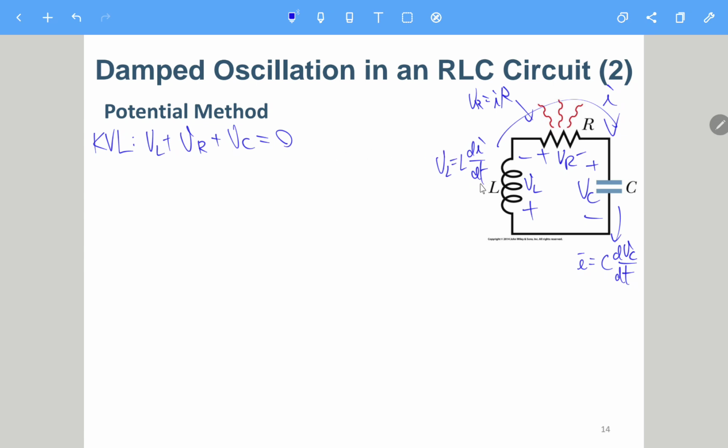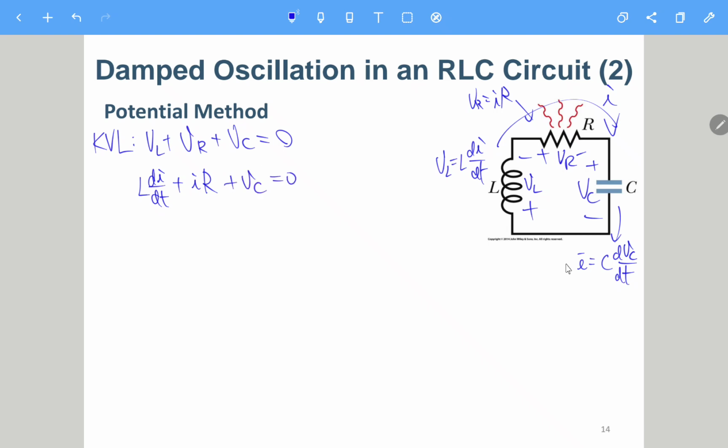Okay, so first of all, VL is this one, so why not plug it there? So L di dt, and then plus VR, which is IR, so we just put it there. And then VC is this side, we cannot change, so we just keep this VC here.